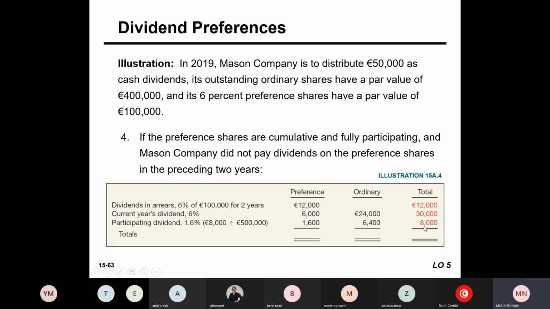So the 8,000 will be distributed as 1.6% times the 100,000 and 1.6% times the 400,000, and that is the total of 8,000. That's the remaining amount that is distributed because of the participating right given to preference shareholders, in addition of course to the cumulative privilege.